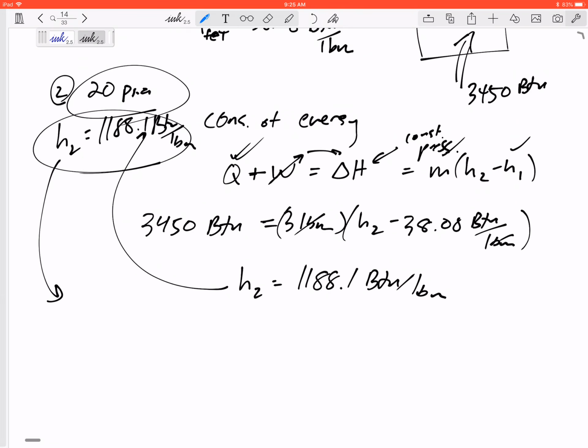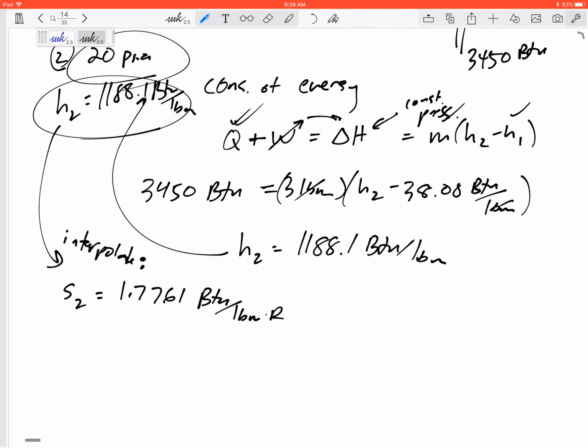All right, I had to interpolate, and this is what I calculated. S2 is 1.7761 BTU per pound mass Rankine.